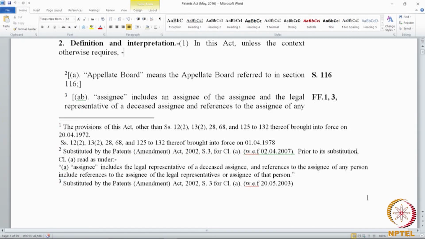Category number 2 is something that is defined not in the definitional clause, but by way of a cross reference to a provision in another part of the Patents Act itself. Appellate board means the appellate board referred to in section 116. So to understand appellate board, the definitional clause does not tell you what the appellate board is. You will have to go back to section 116.